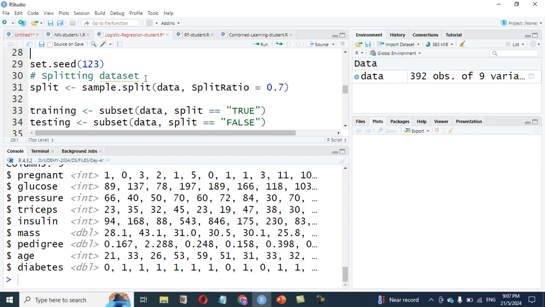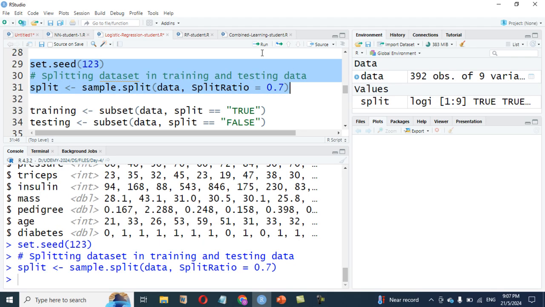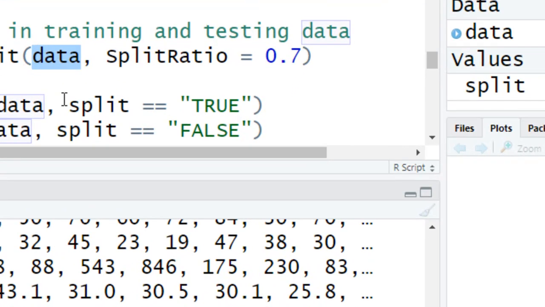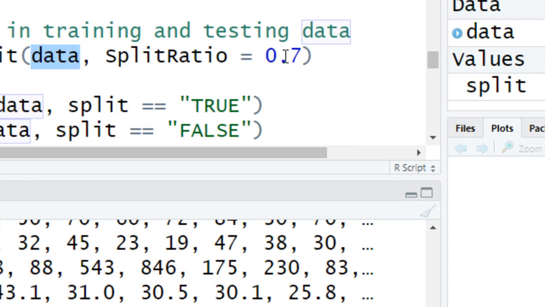So in this splitting, we have training and testing data. We set the seed, and this is our data set called data. We want to split it into 2. This 0.7 means 70% training, and the remaining one will be testing, which is 30%.